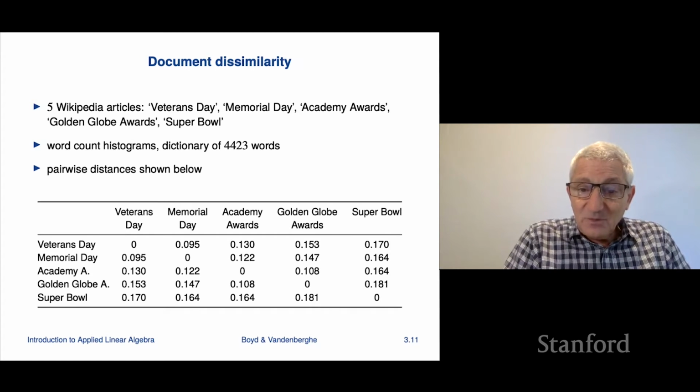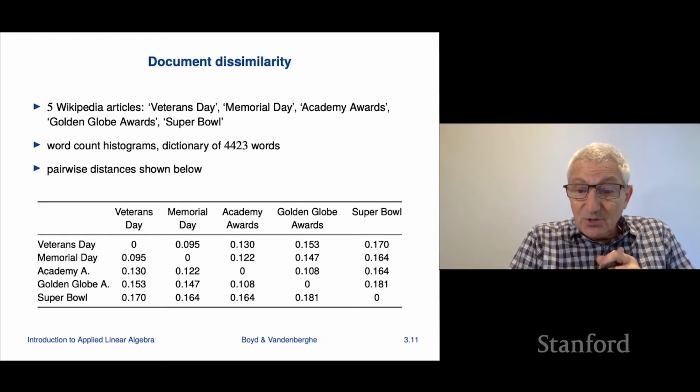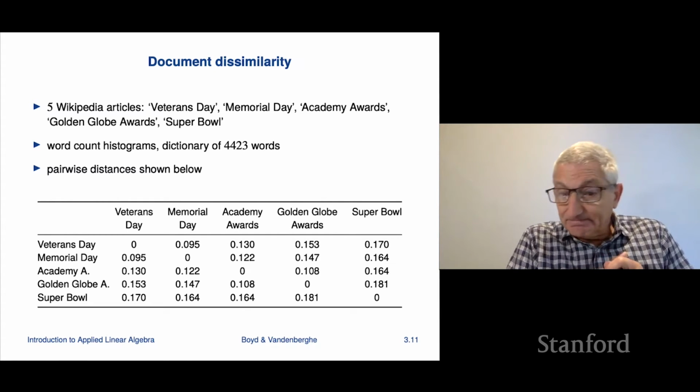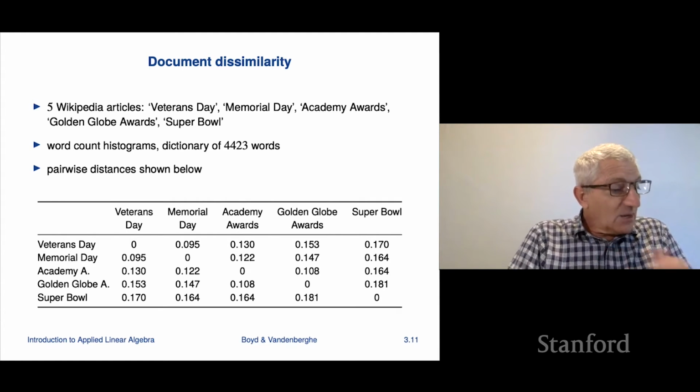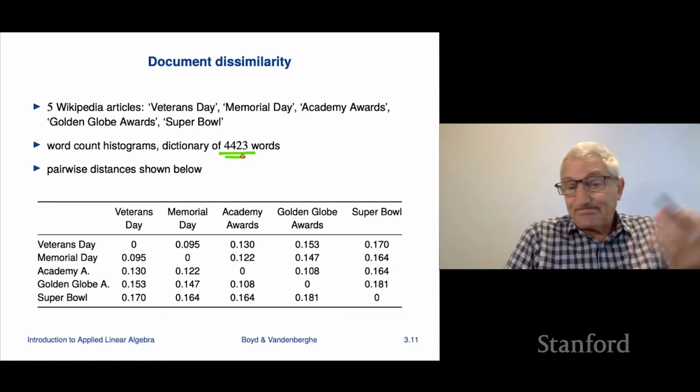Okay, so what we're going to do is look at feature vectors, which are word count histograms. We took some Wikipedia articles, I guess there's 5 of them, and we have a dictionary of about 4,500 words. That's all.